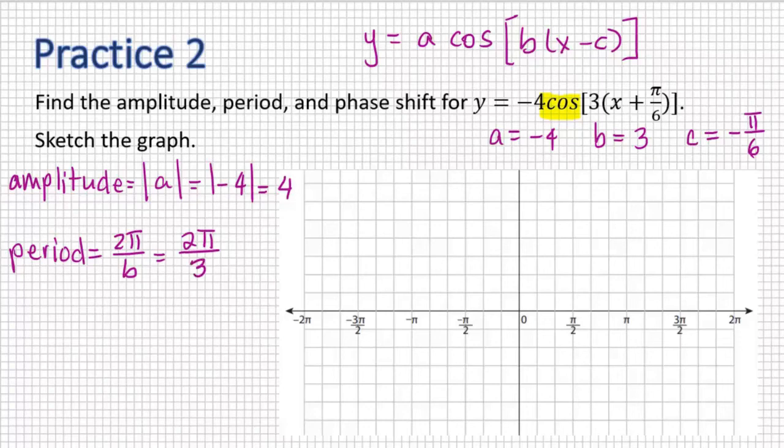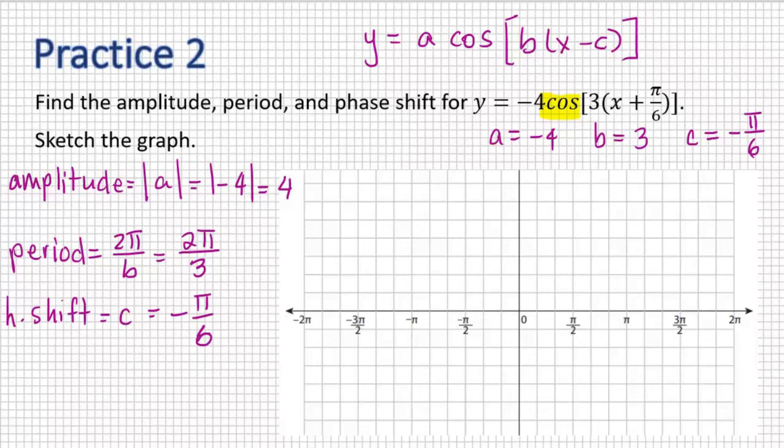That is, it'll take from 0 to 2 pi over 3, or an absolute distance of 2 pi over 3, to get through one cycle of the function. The horizontal shift here is equal to c. In other words, it's a horizontal shift to the left of pi over 6.